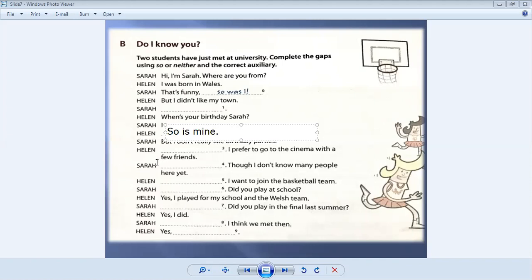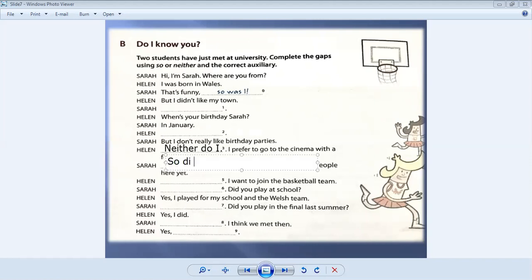And then she said, I prefer to go to the cinema. So do I. Why? Even though she doesn't like it, she prefers to go with some friends.